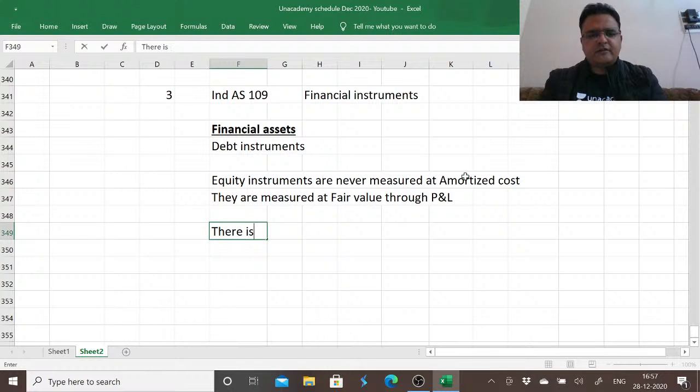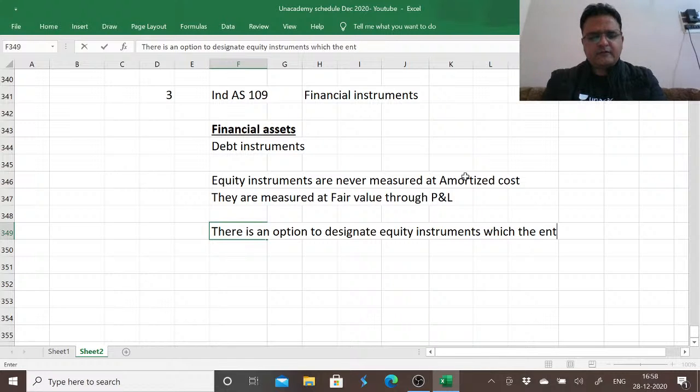There is an option to designate equity instruments which the entity intends to hold for a long period of time.